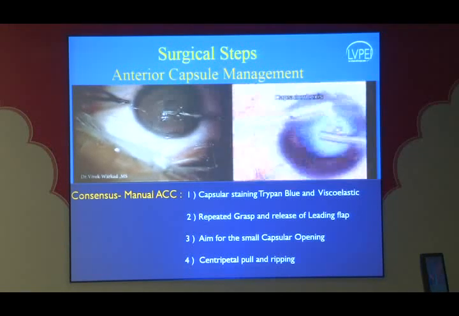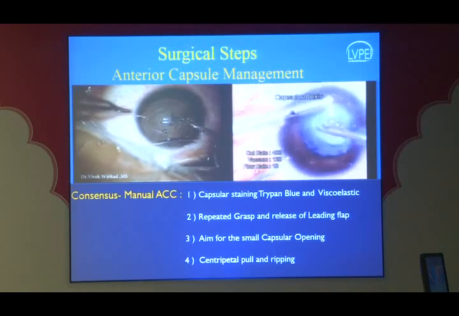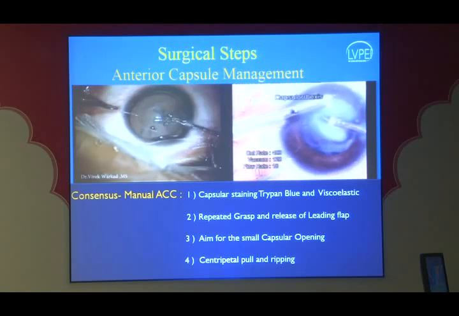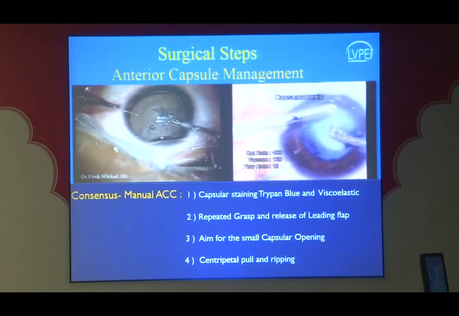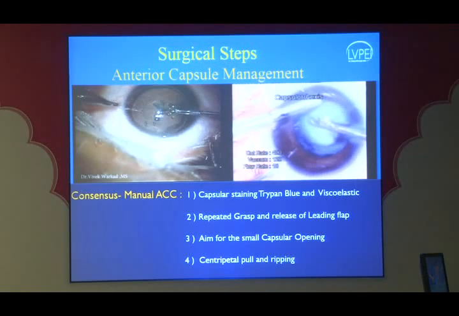And every time, you need to focus it towards the center. As and when required, you can use a centripetal as well as the ripping, which we usually do in adult cataract while doing the anterior rhexis.